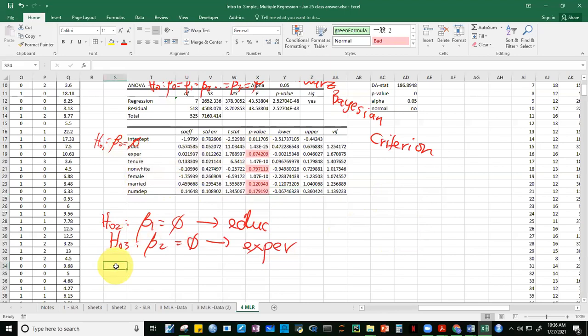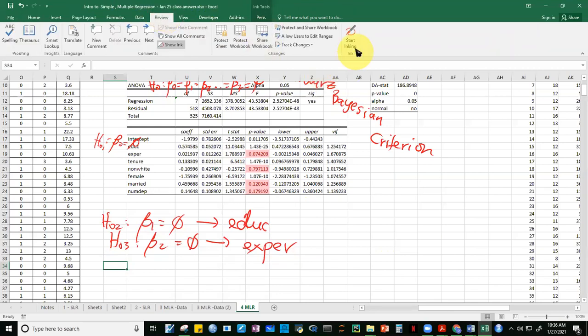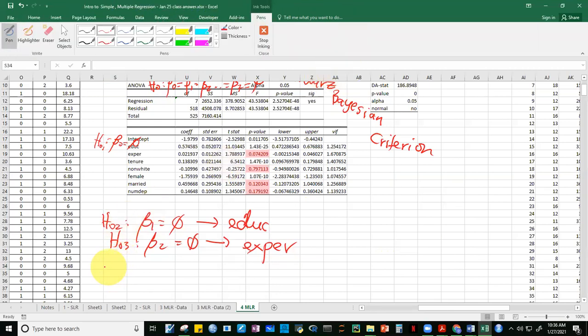Therefore, our model for this one, susulat natin yung model natin. Ang kasama lang, guys, yung mga significant variables. So for this model, hourly wage is equal to yung intercept natin, negative 1.998.